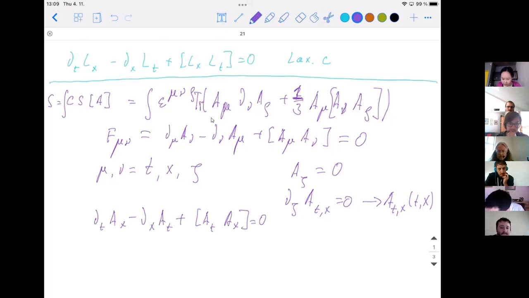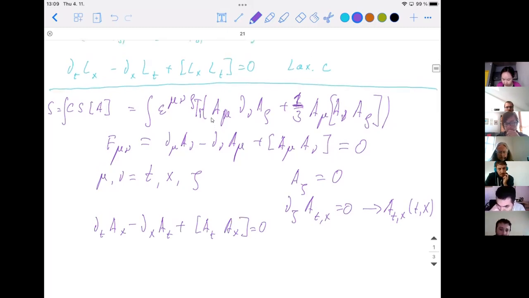But we are still missing the most important point in the Lax connection. The A_x does not depend on the spectral parameter. Spectral parameter is missing.